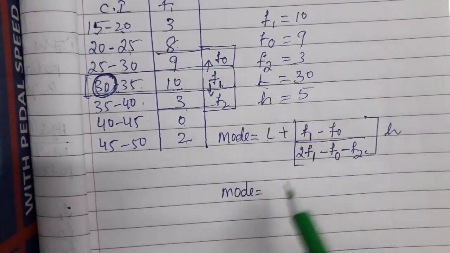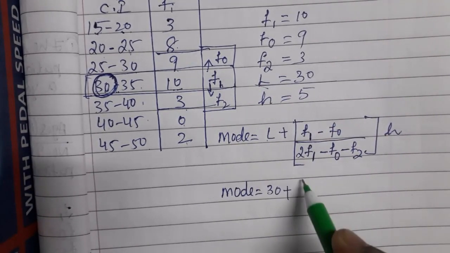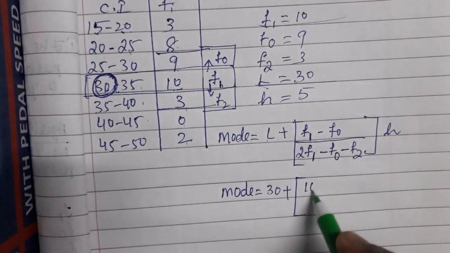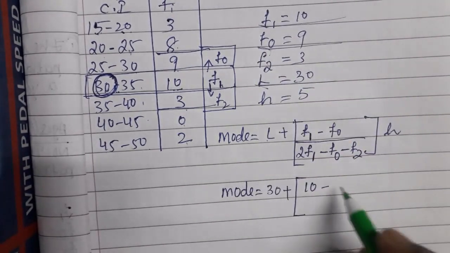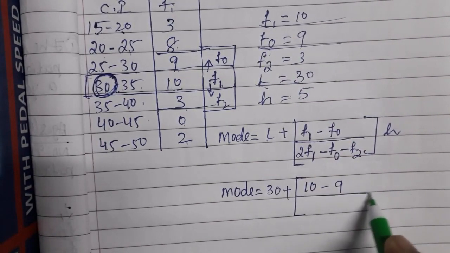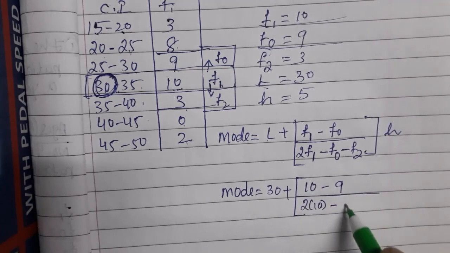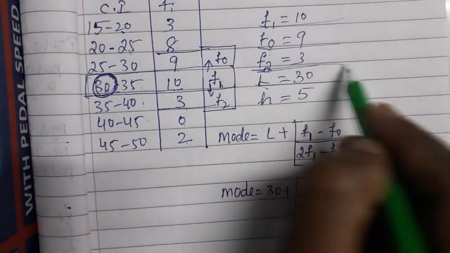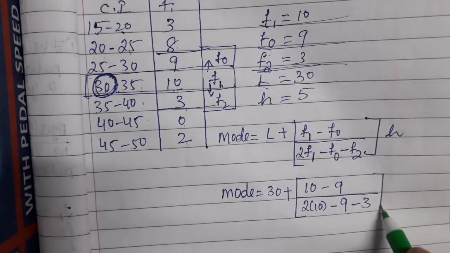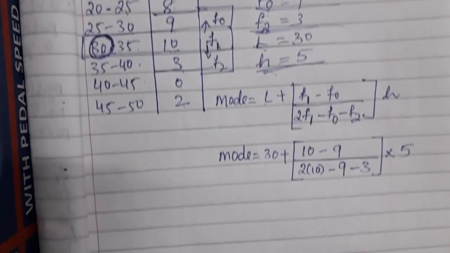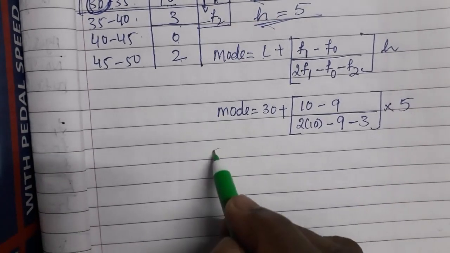What is L? L is 30 plus, open the bracket, F1 is 10, F0 is 9, denominator 2 into F1, 2 into 10 minus F0 is 9, F2 is 3, close the bracket, into h is 5. Now it is pure simplification.